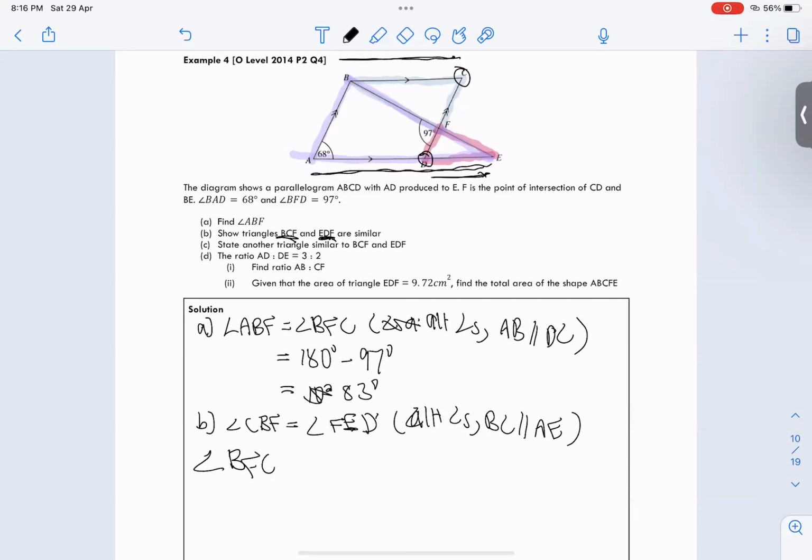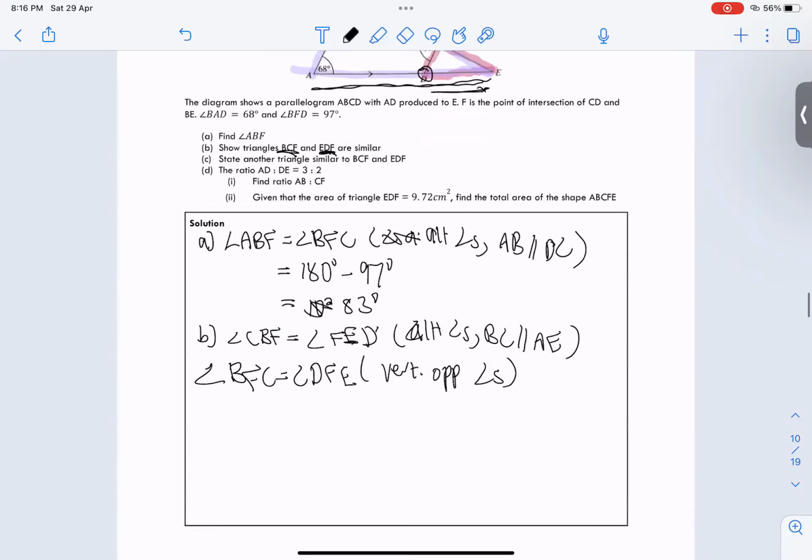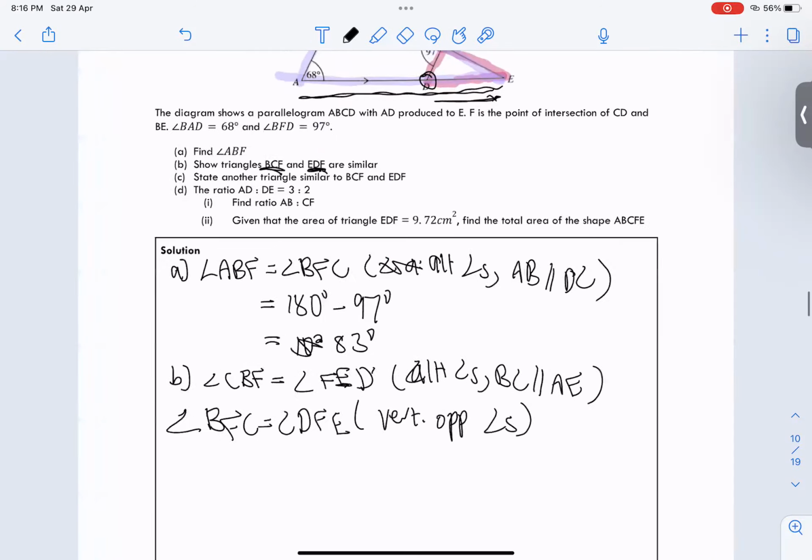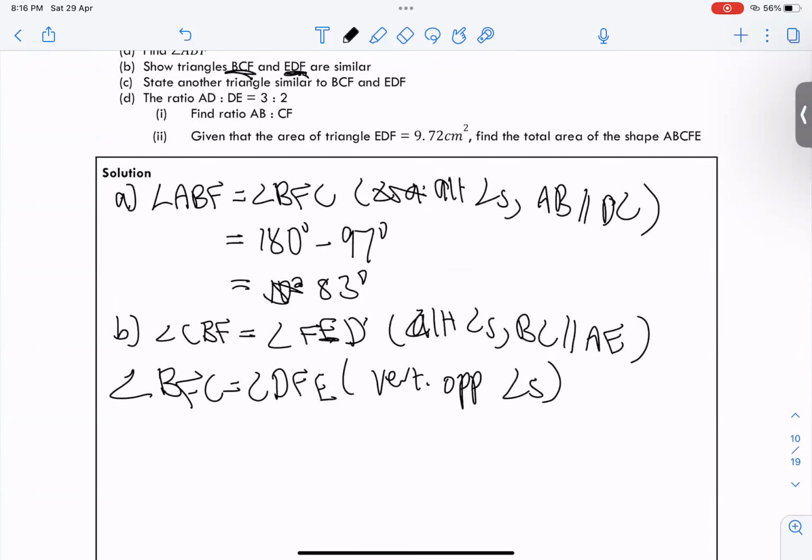Angle BFB equals angle BFB. Vertically opposite angles. Remember to write all your reasoning. Then after that, these two triangles are similar. You can also write the angle similarity.